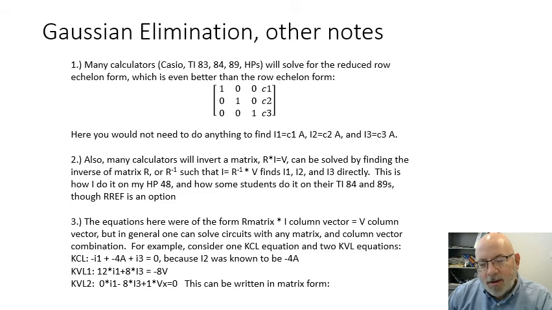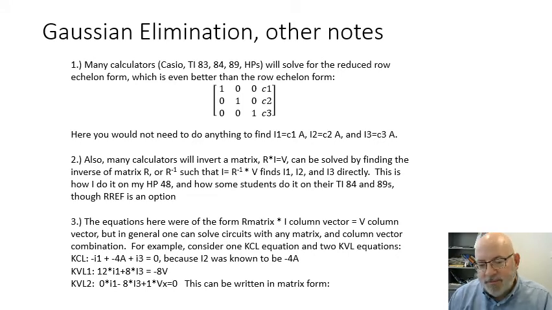So if you have R as a matrix times I as a column vector equals V as a column vector, and you multiply by R inverse on both sides, you end up with I equals R inverse times V. And you can directly then find I. And that's how I do it on my HP 48. And that's how some students do it on their TI 84s and 89s, though reduced row echelon form is an option in every case.